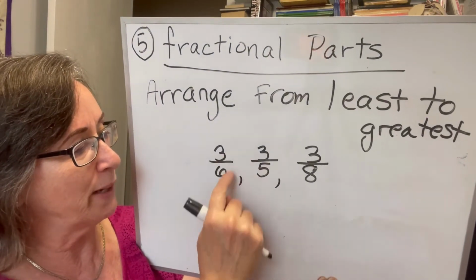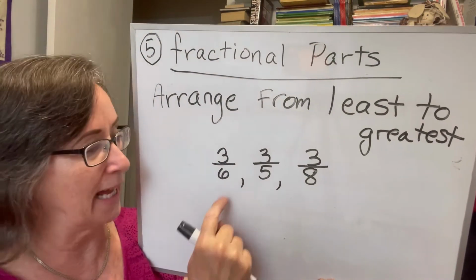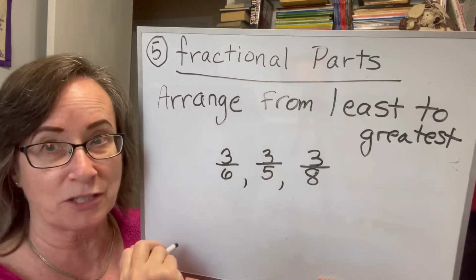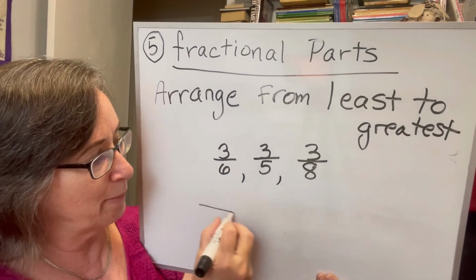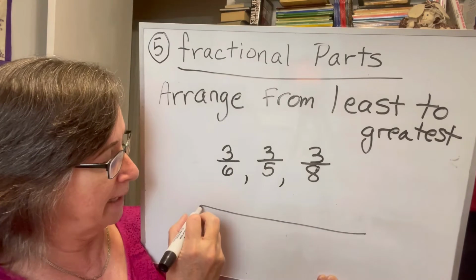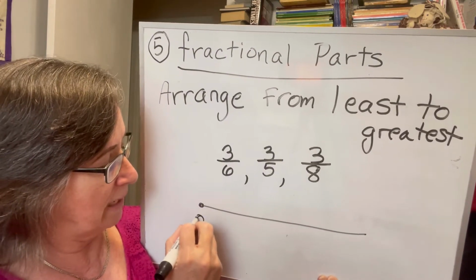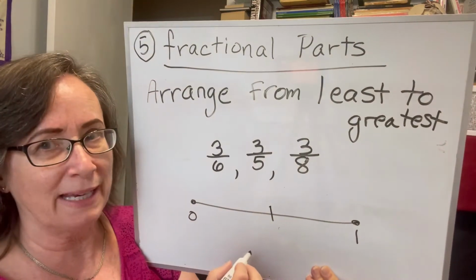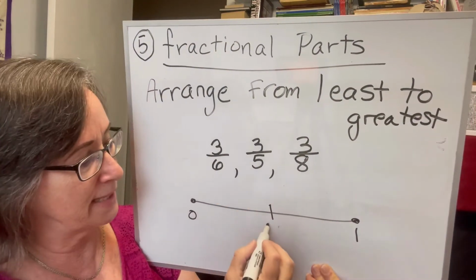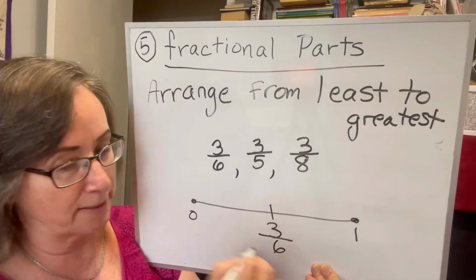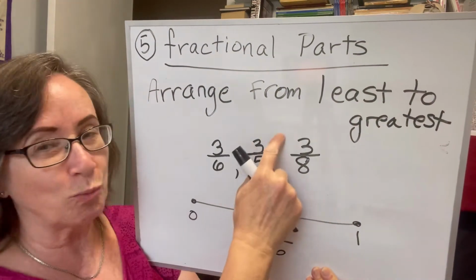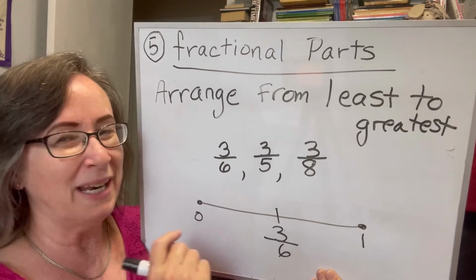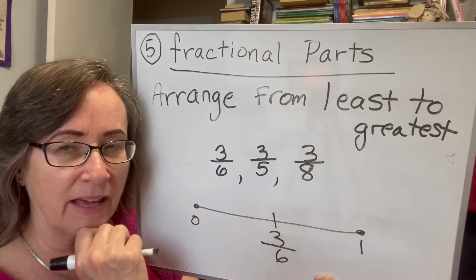Okay, so 3/6, 3 is half of 6, so 3/6 simplifies to 1/2. So if I put my number line here with 0 and 1 right there, 1/2 would be right in the middle. And 1/2 is the same thing as 3/6. Now 3/5, what is half of 5?